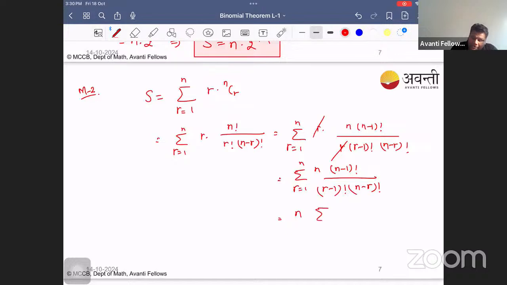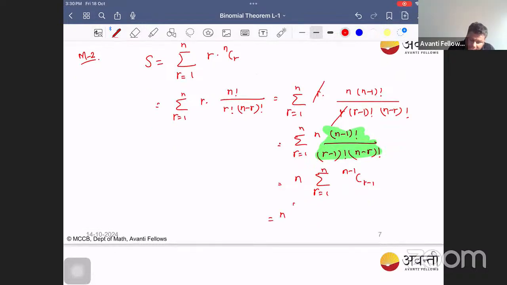Now see, n came outside. This is sigma r from 1 to n. This entire quantity, isn't it n minus 1 C r minus 1? Tell me. Yes. So n times, now if you replace r, it will be n minus 1 C0 plus n minus 1 C1 plus n minus 1 C2 and so on, n minus 1 C n minus 1.